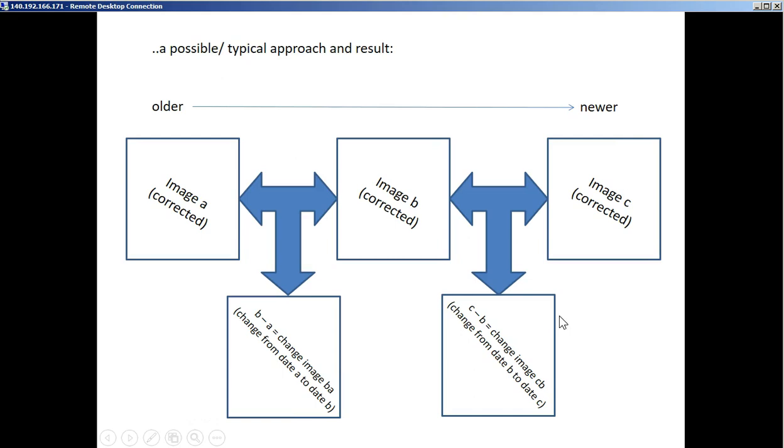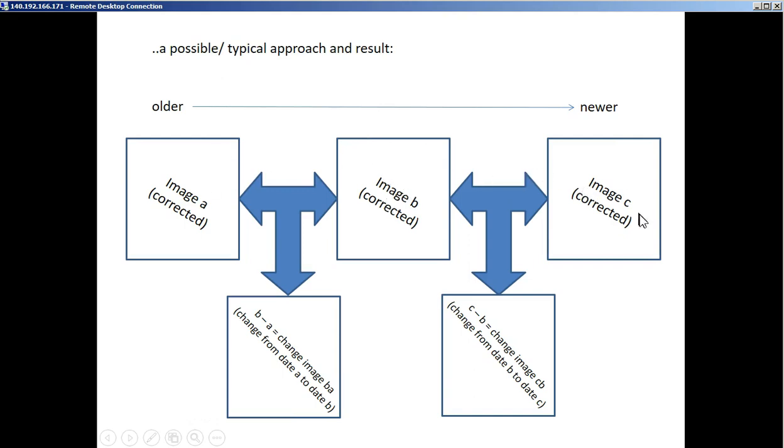Here's another possible case, where you have 3 images. We were looking at O'Hare Airport earlier where we had 5 or 6 images, and here's image A, image B, and image C. Again, all corrected and all the same channel.